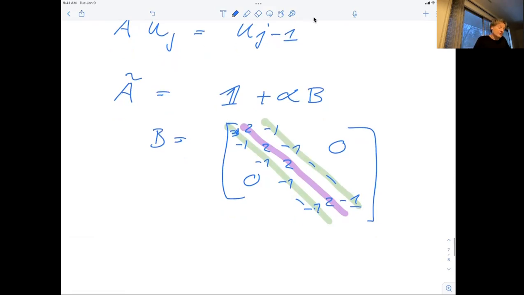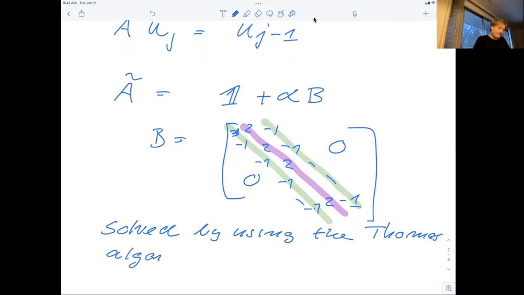So this is normally solved by using something which is called the Thomas algorithm. And that requires something like 4 times m floating point operations. And this is a very efficient algorithm.